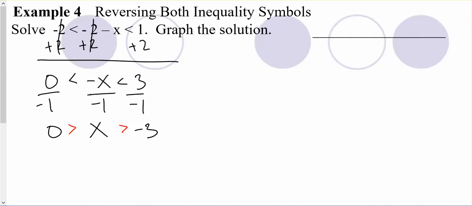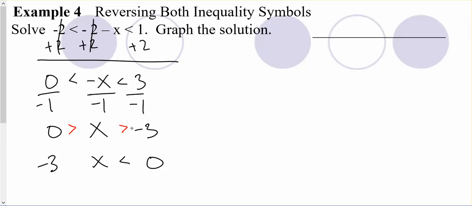So now we might look like we're done, except we aren't done. What we want to do from here is rewrite these so that they're going from smallest integer to biggest integer. So 0 is bigger than -3. So I want to rewrite this with my negative 3 first and then my 0 out here. I'm leaving my x in the middle, and now we're just paying attention to what we did. Between the 0 and the x, what were we eating? We were eating the 0, so we're going to go back and make sure we're eating the 0 again.